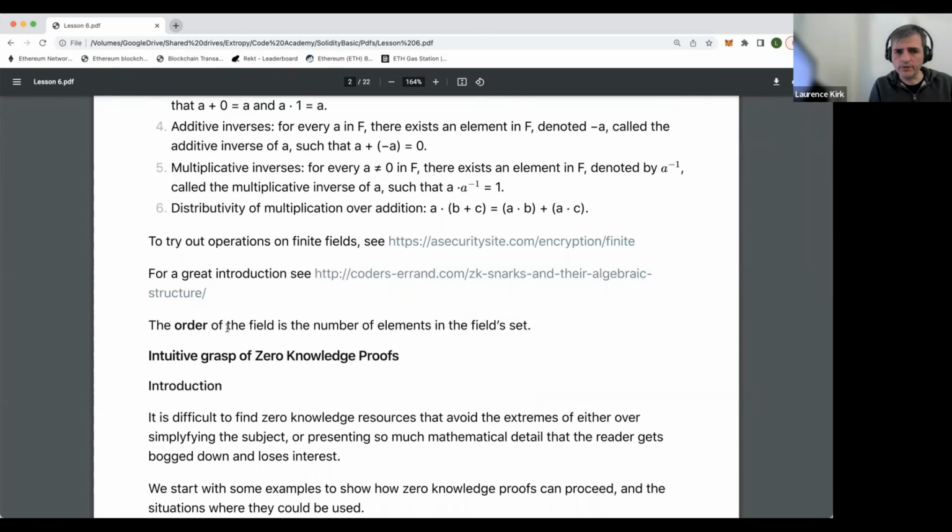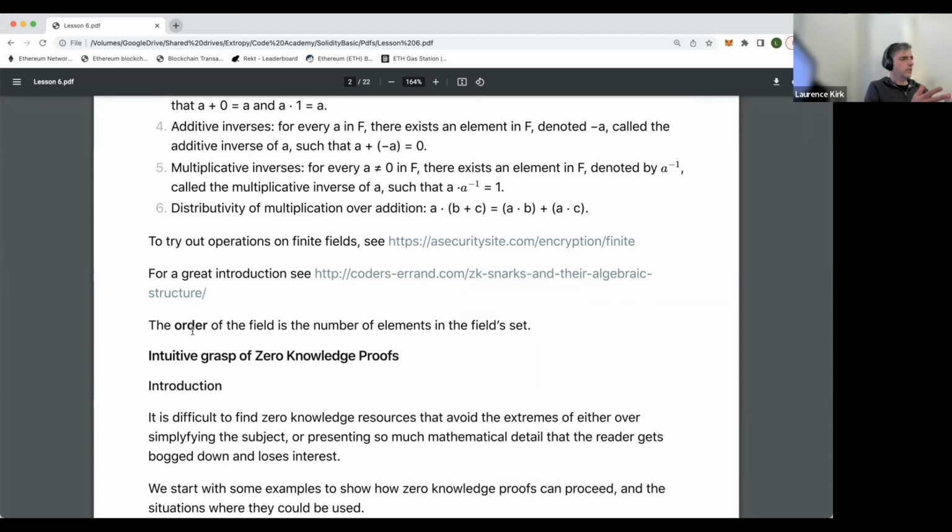You may also come across this term, the order of a field, and that is just the number of items in that field. So if we're talking about integers, that's the number of integers in the field. If there were 20 integers in our field, the order of the field would be 20.